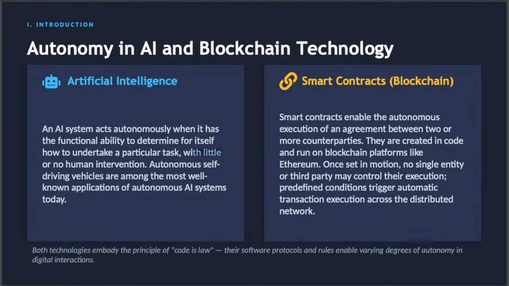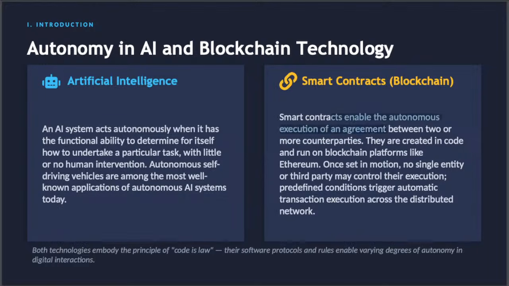Typically, there's little. Autonomous self-driving vehicles are among the most well-known applications of autonomous AI systems today. And of course, we know there has to be at least some little human intervention with those to function. Then we have smart contracts, which function on a blockchain. Smart contracts enable the autonomous execution of an agreement between 2 or more counterparties.